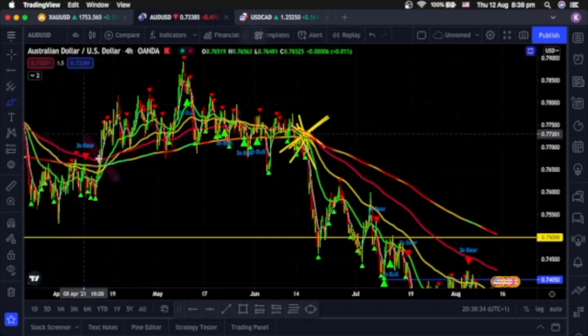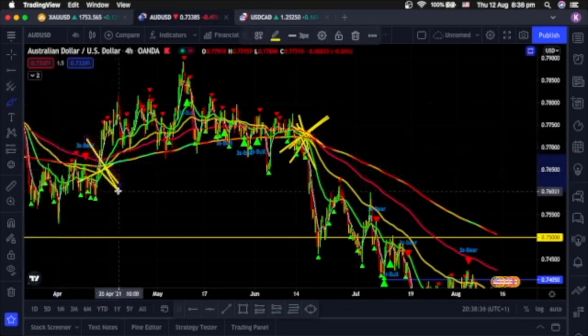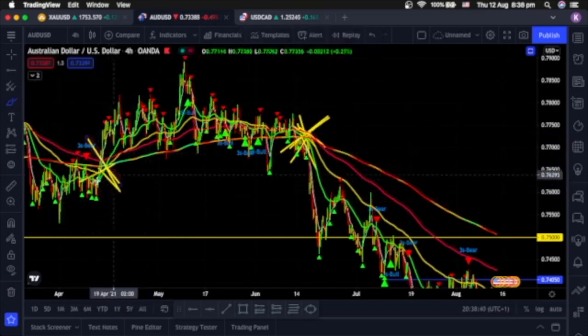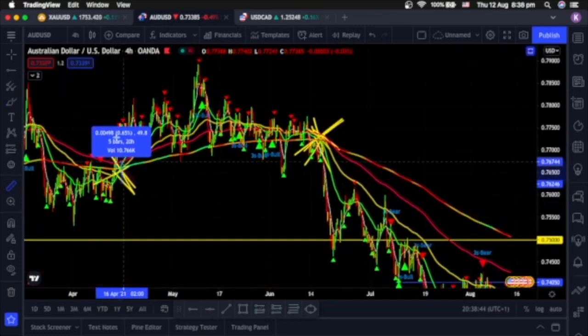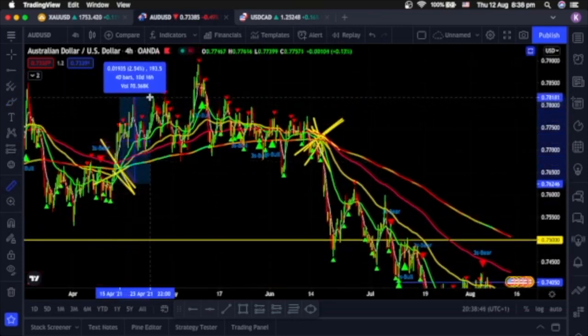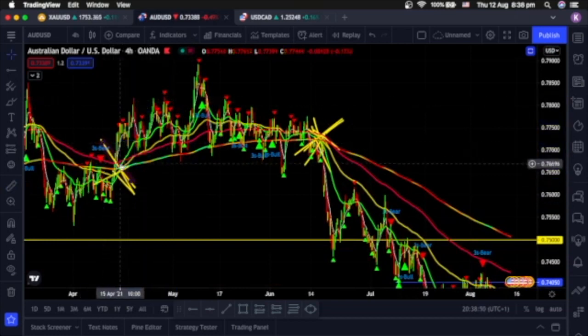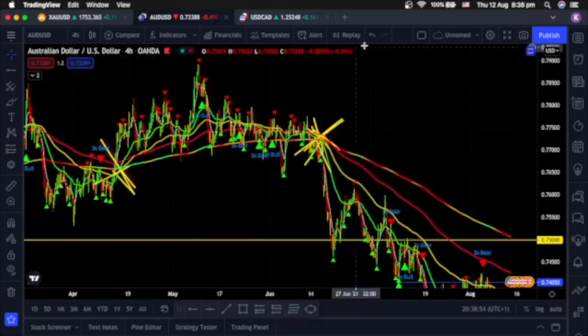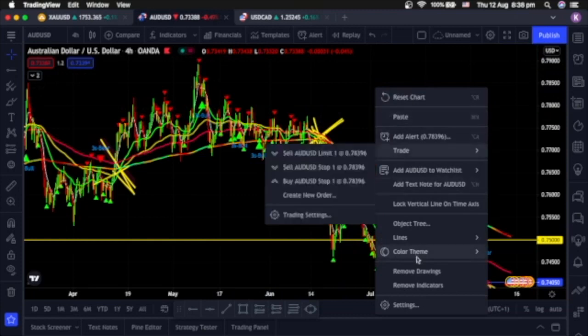I wanted this. Guys, look here. It crossed, and look what happened. Almost 200 pips, just like that.